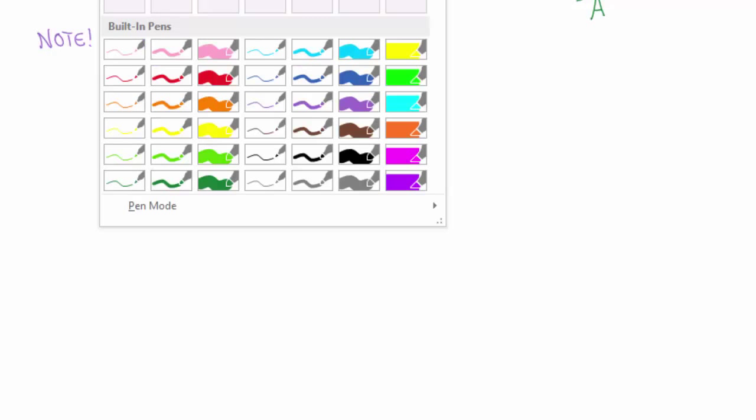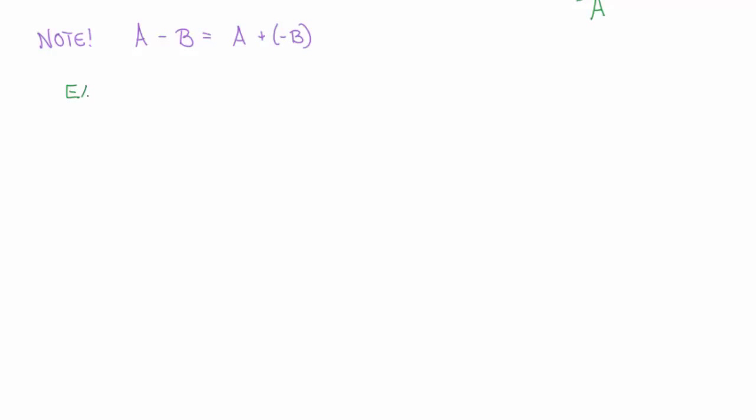A minus B, so subtraction also exists with matrices, but it's just the same thing as saying A plus the opposite of B. Now that's kind of weird because I haven't talked about multiplication yet. So if you bear with me for a moment, a negative B just swaps the signs of every element in B. So as an example, and we'll talk about this more in the next video, but it just goes along with addition so nicely that I have to talk about it here.